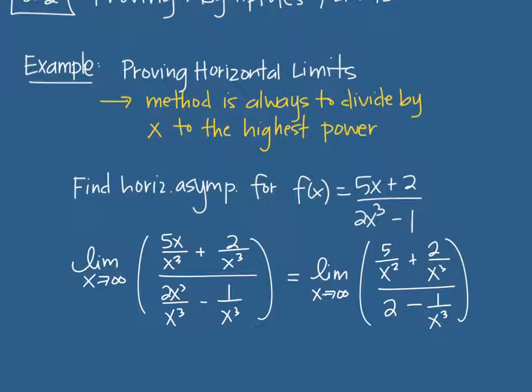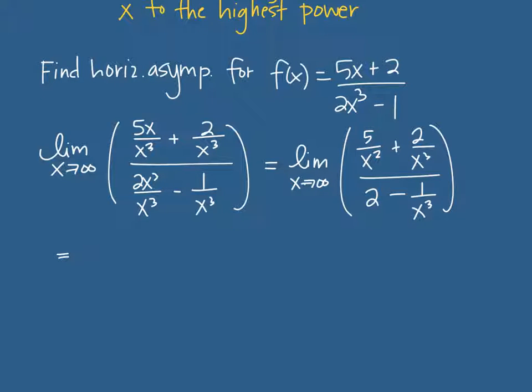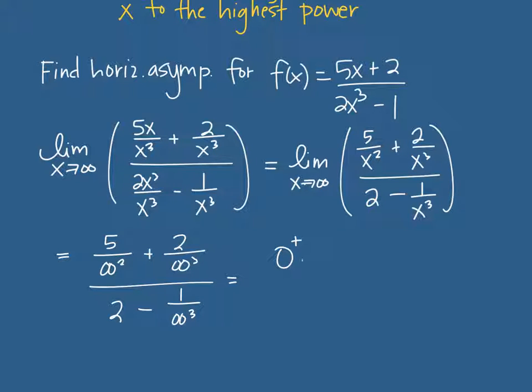And so after I've reduced, now I can substitute infinity. So I'm going to have 5 over infinity squared plus 2 over infinity cubed, over 2 minus 1 over infinity cubed. Infinity squared is just a great infinity, and 5 divided by a great infinity is 0, positive.